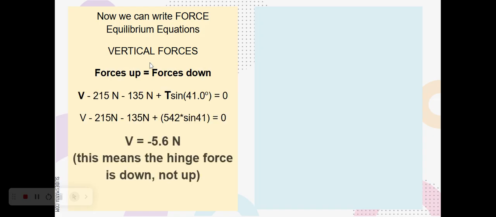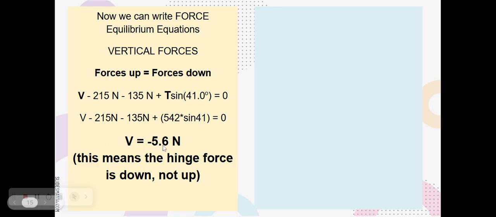Okay? Our forces up have to equal the forces down. So V, I just wrote it as up because I didn't know. Negative 215 newtons is the sign, minus 135 newtons is the beam, and then this is the tension pulling up.